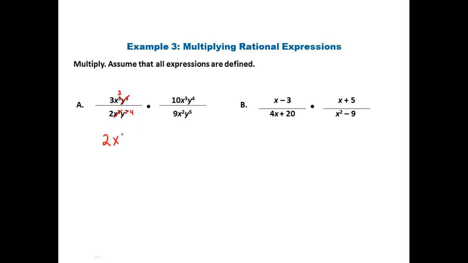So we have 3x squared over 2y to the 4th, times, 10 and 9 can't cancel. X squared is going to leave just one of these, and y to the 4th is going to leave just one of these. So 10x over 9y.